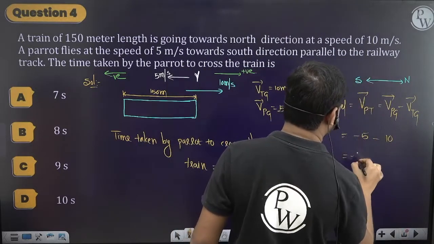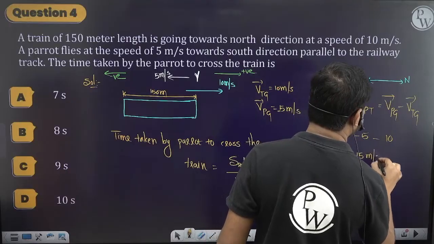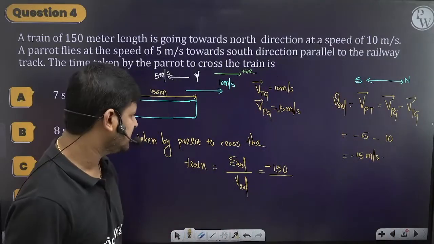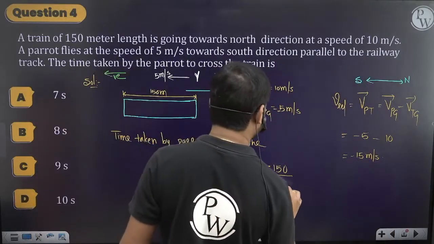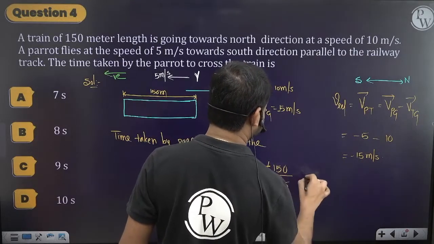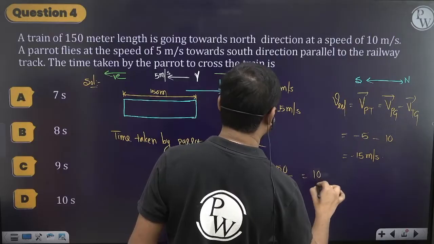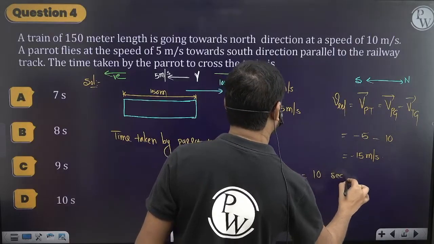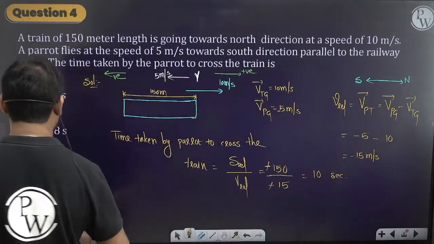So the total is minus 15 meters per second. Minus minus cancel, 150 by 15, so 10 seconds. The correct answer is 10 seconds.